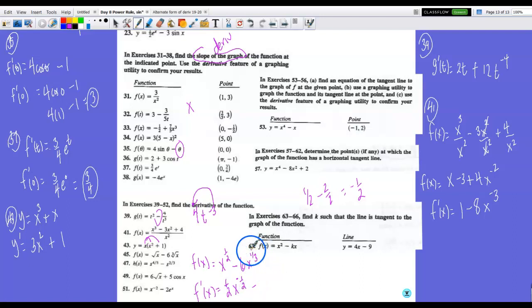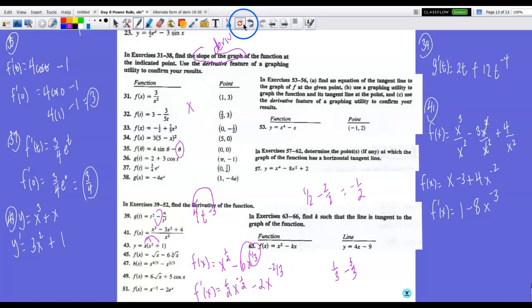Minus, I'm going to multiply 1/3 times 6, which is 2x, and got to do that fraction work again. 1/3 minus 3/3 is equal to negative 2/3. All right, that's number 45.